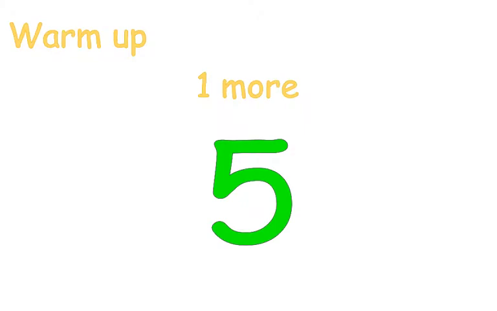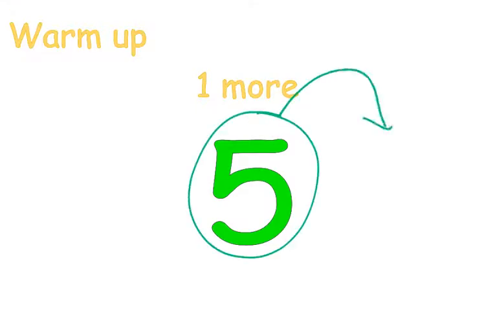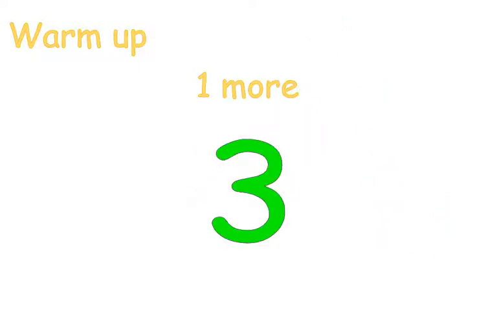Alright, our warm-up for today is I'm going to show you dots or circles, and you have to tell me the amount that is one more. If we look at this first one, our number here is 5, so you're going to tell me the one more number. One more from 5 is 6. Alright, are you ready? Let's get started.